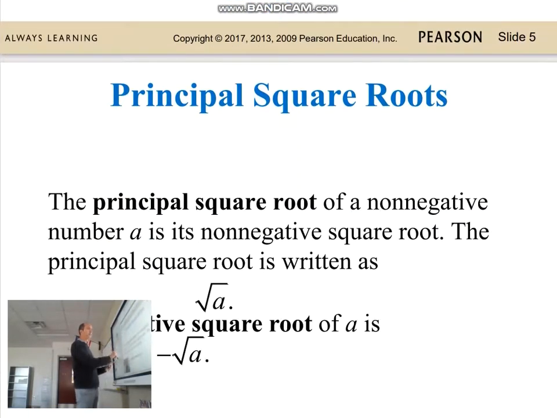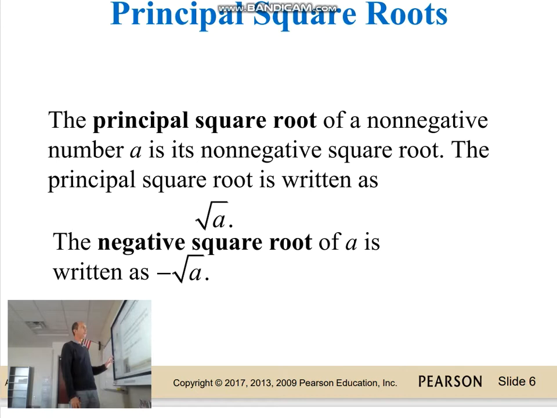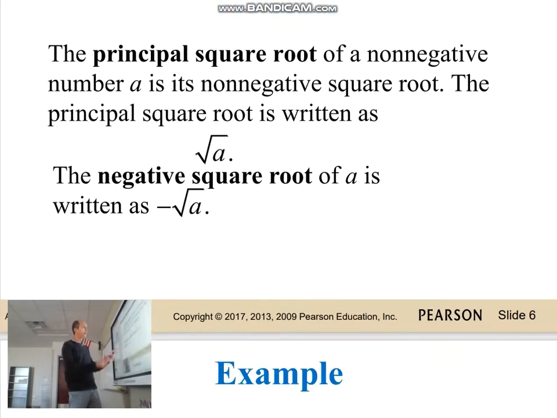The principal square root of a non-negative number, a, is its non-negative square root. The principal square root is written as square root of a, and the negative square root of a is going to be written as negative square root of a.